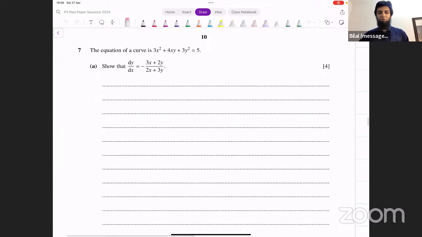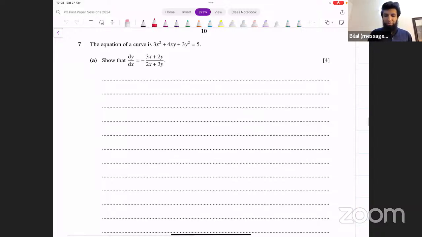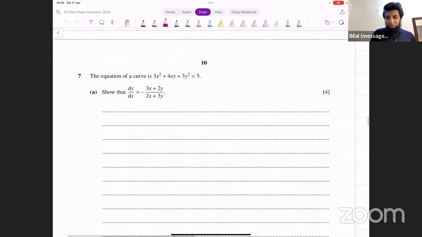In the meantime, those of you who have not had a look at the other papers, once you're done with praying, you can have a look at the other paper as well. Let me know the questions that you're having problems in from that paper. Look at the poll, submit that poll. We'll have a look at that other paper later on as well. We have a 10-minute break.